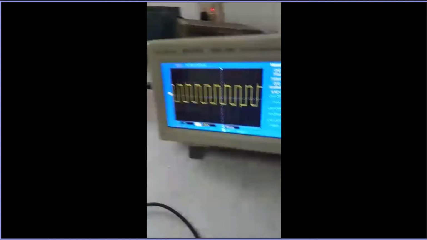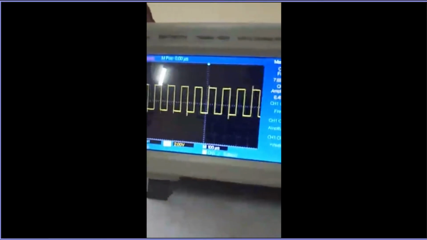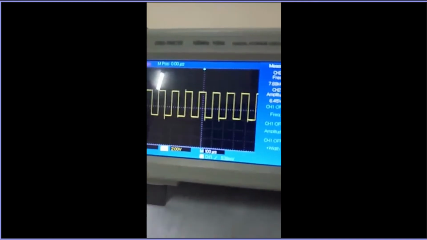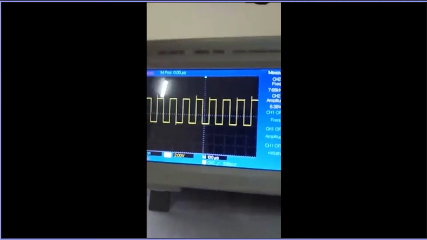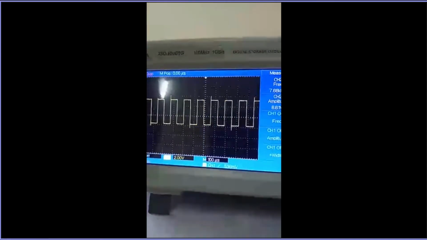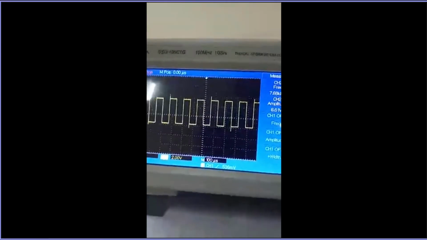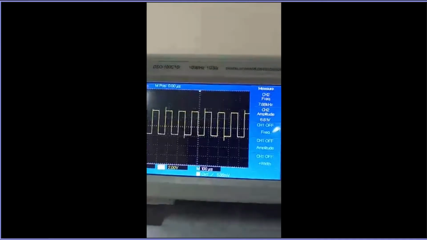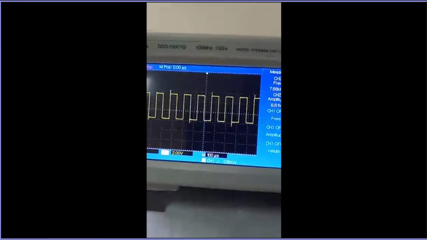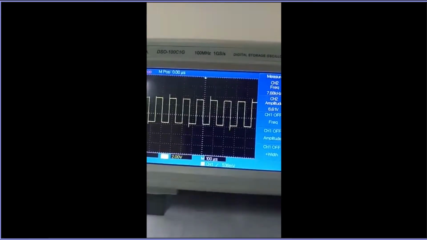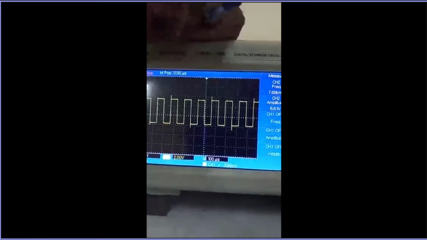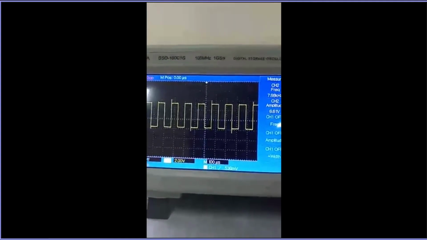So this is the clock value. This gives you the sampling period, or sampling frequency. I told you that the sampling frequency should be greater than 2 times the message signal frequency. The message signal frequency is 2 kilohertz, so it has to be more than 4 kilohertz.